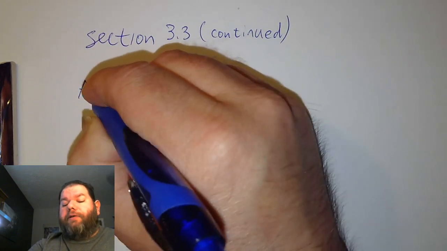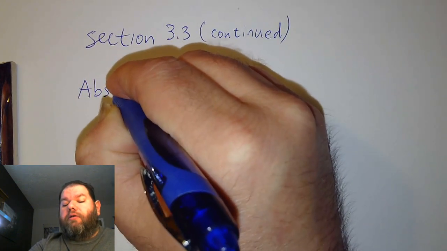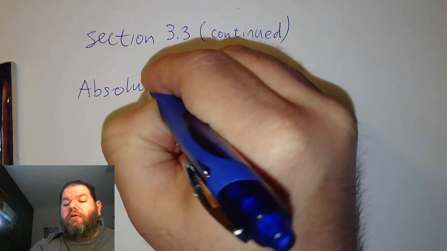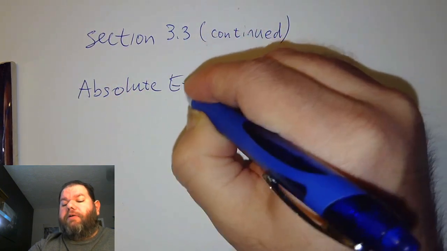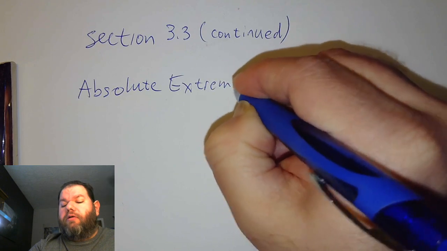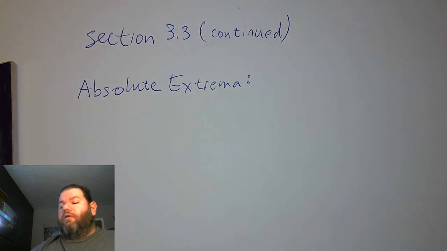Let's start off with absolute extrema. When we say extrema, we are referring to the extreme values of the function. In the absolute extrema, there's only two values we're looking for, the absolute maximum and the absolute minimum.